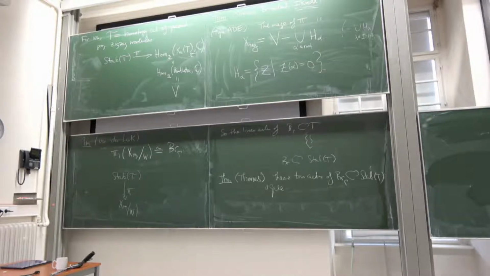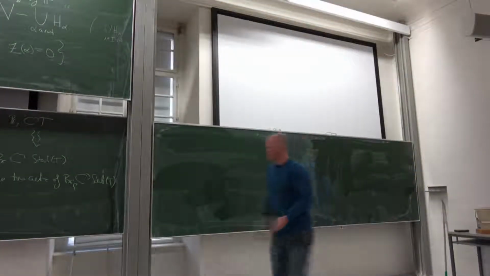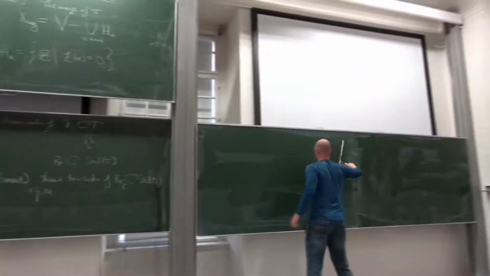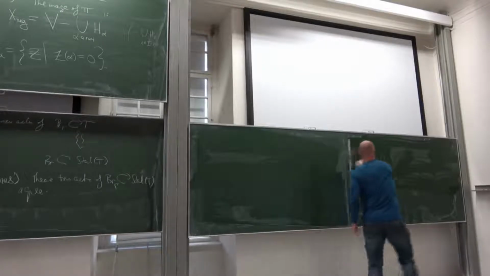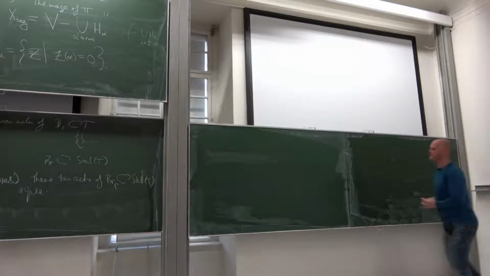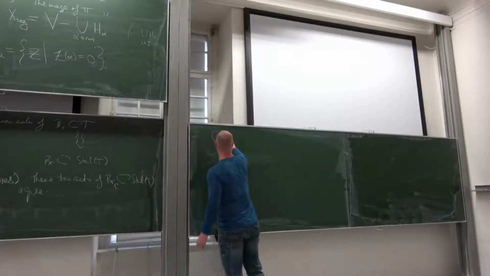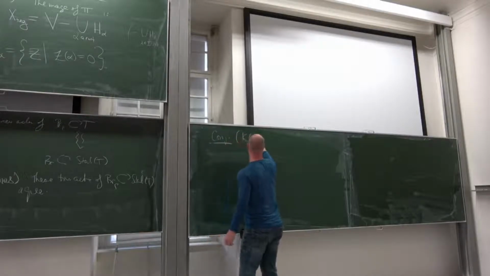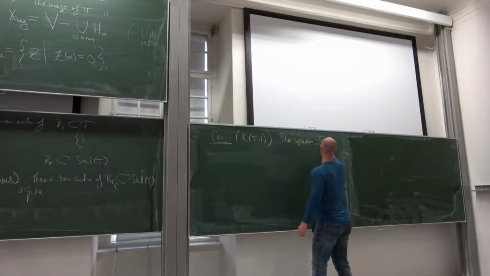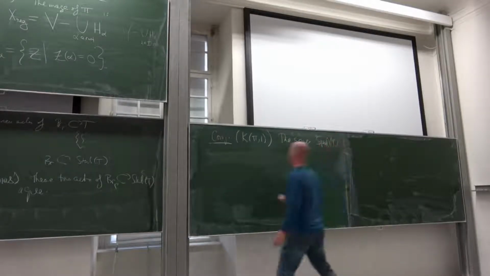The biggest open problem, if you're a group theorist interested in these groups, is the K pi 1 conjecture, which, by virtue of this, can be restated as follows. The space Stab T for our T is contractible.